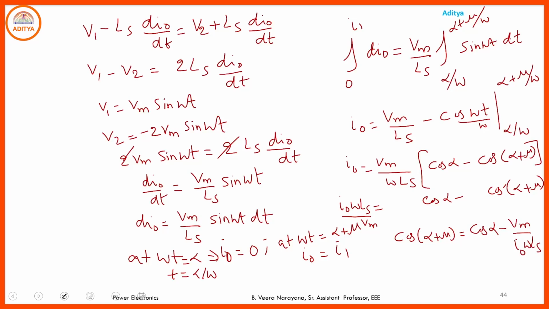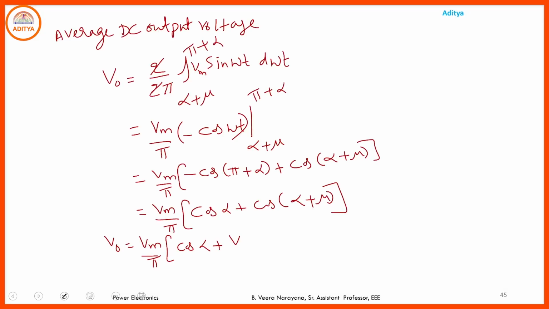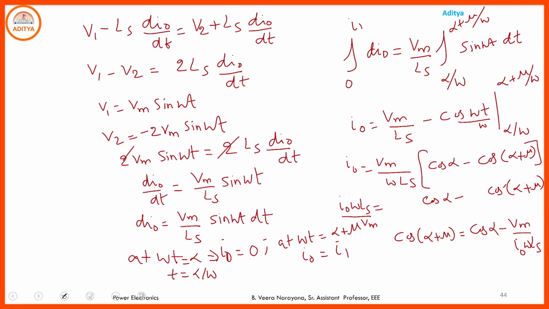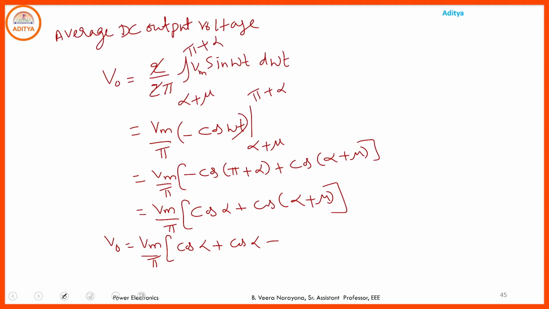Then substitute that value here. Cos alpha plus mu is equal to cos alpha minus Vm by I naught omega Ls. So what you are getting here by simplifying this expression?